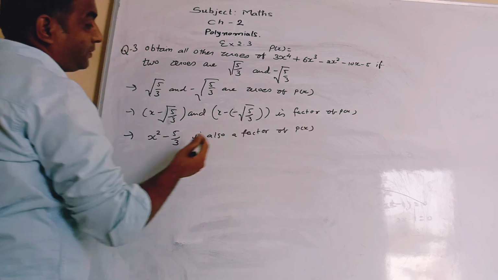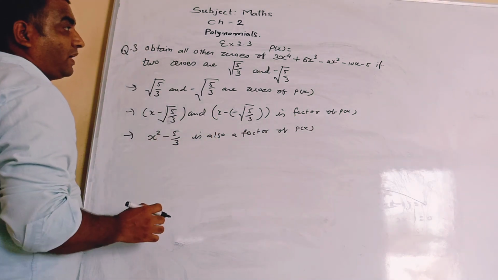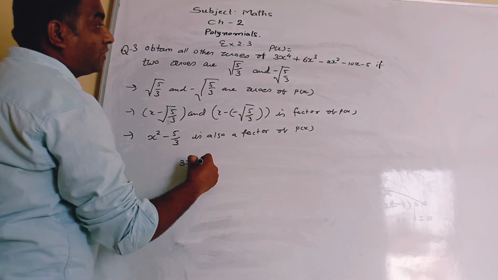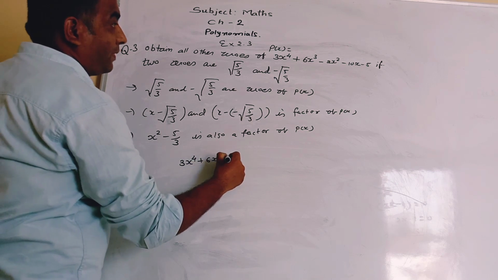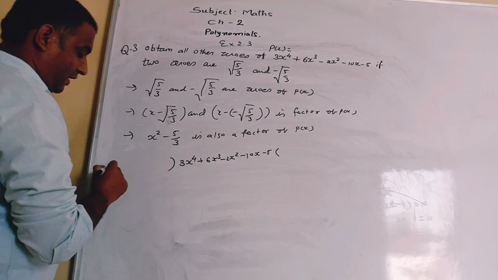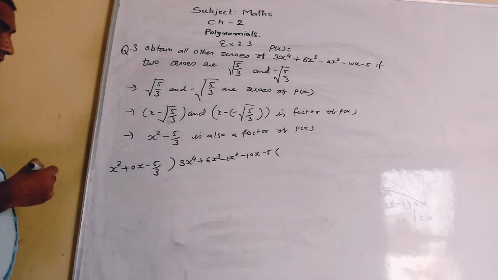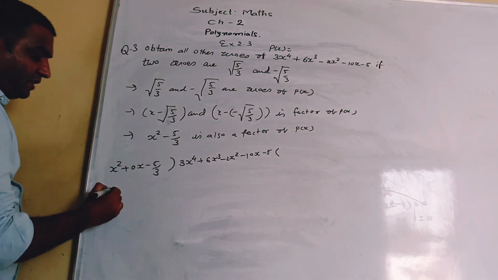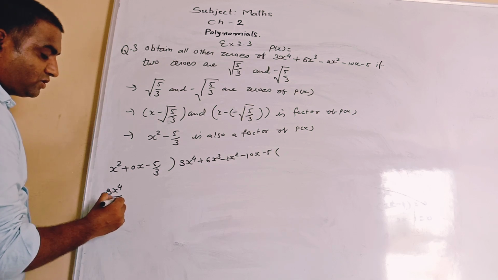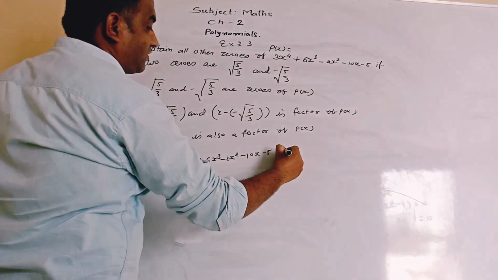Now for the other factor, we divide px by x square minus 5 by 3, and our px is 3x raised to 4 plus 6x cube minus 2x square minus 10x minus 5, divided by x square plus 0x minus 5 by 3. So here the leading term is 3x raised to 4 divided by x square, so 3x square.